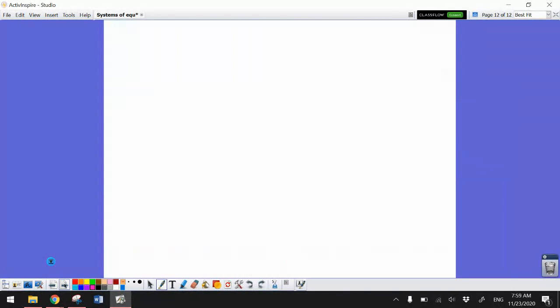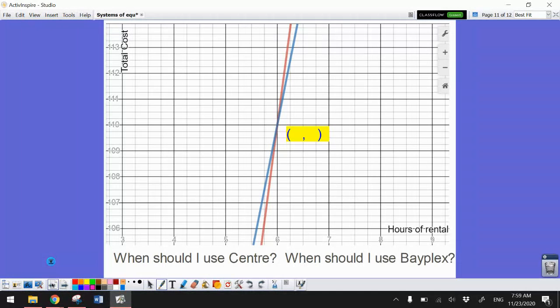So here's my graph. The intersection point is 6, 110. So what does that mean? What does the intersection point mean? The 6 is my hours, and the 110 is money.